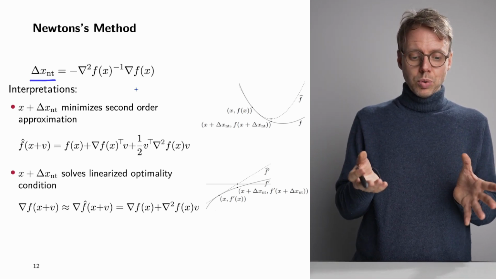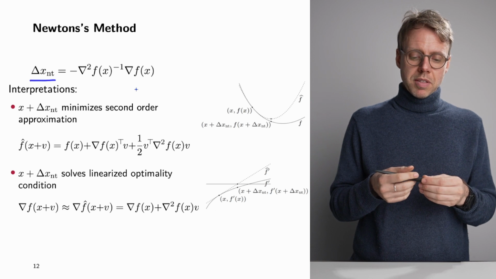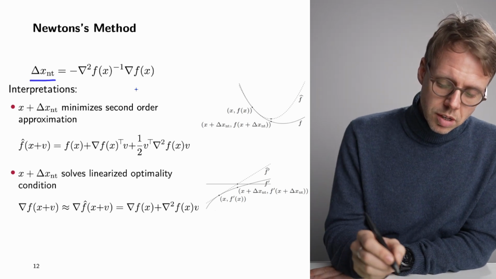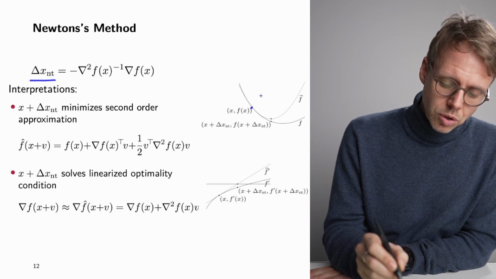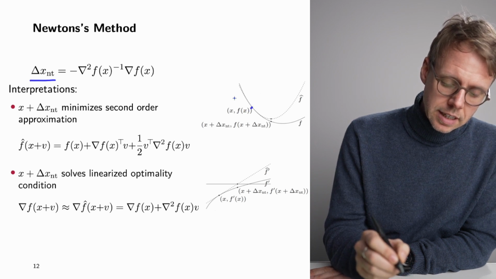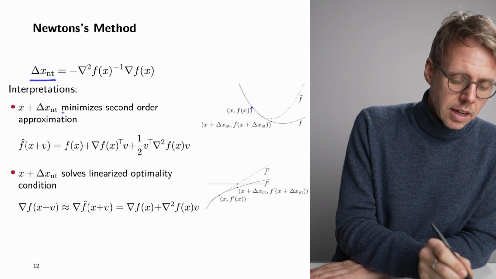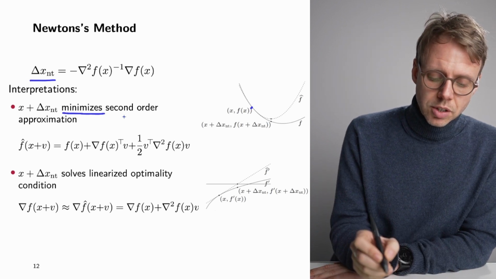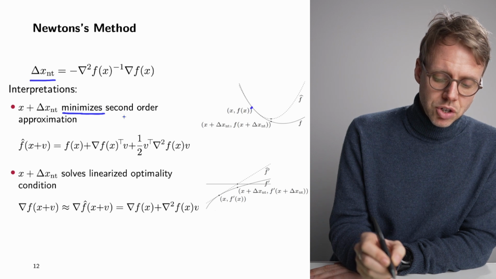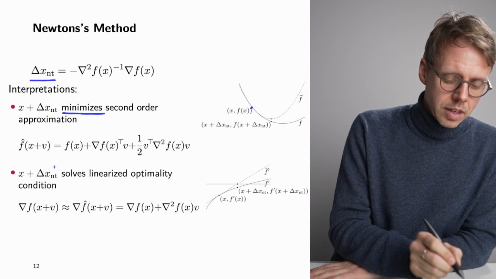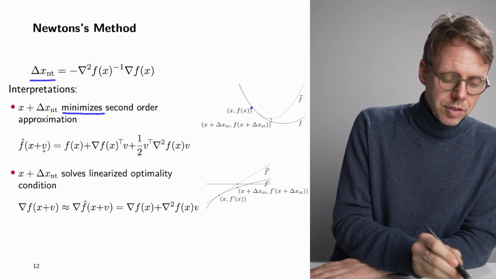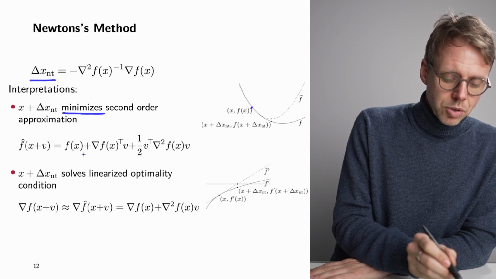There are two different ways to interpret Newton's method. One would be to look at it as performing a minimization of the second order Taylor expansion of our current function. So you're approximating f by a second order Taylor expansion.